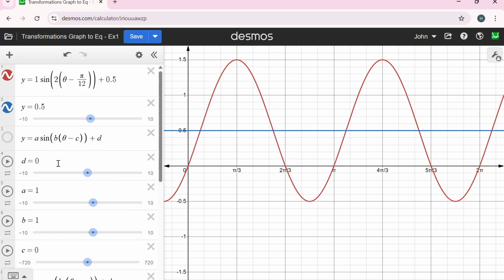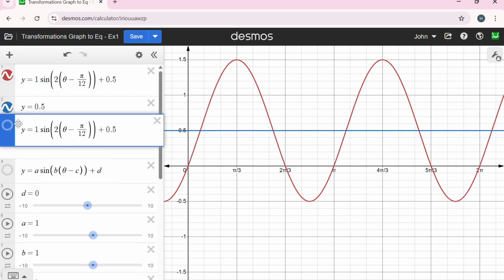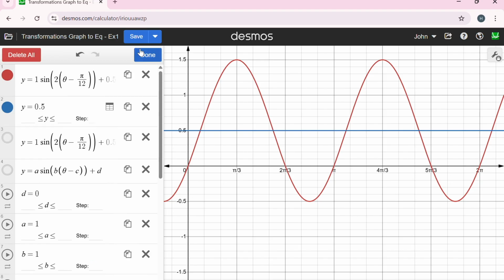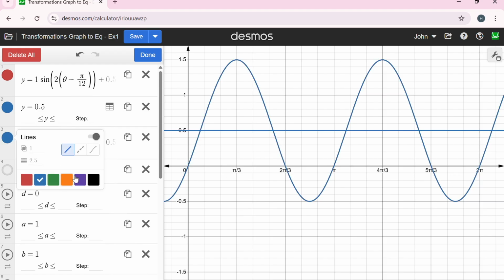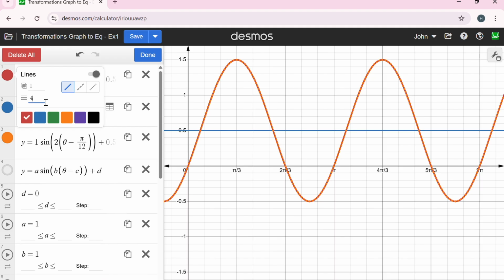So I'm going to copy this and make a new equation. That's a line, so let's go dotted line, and let's make this a little bit thicker. Let's make it 4.